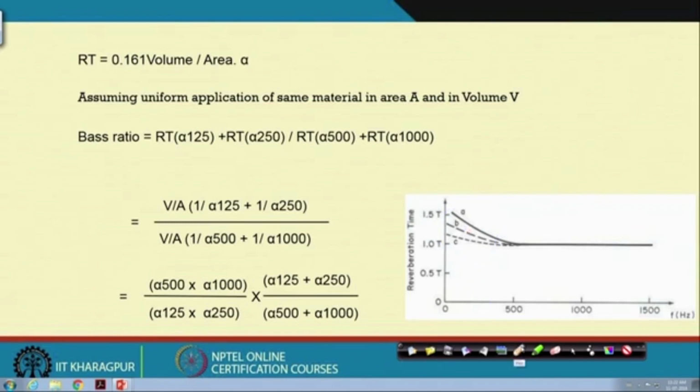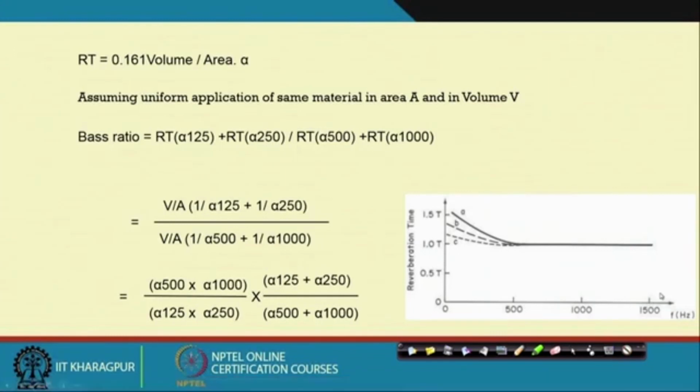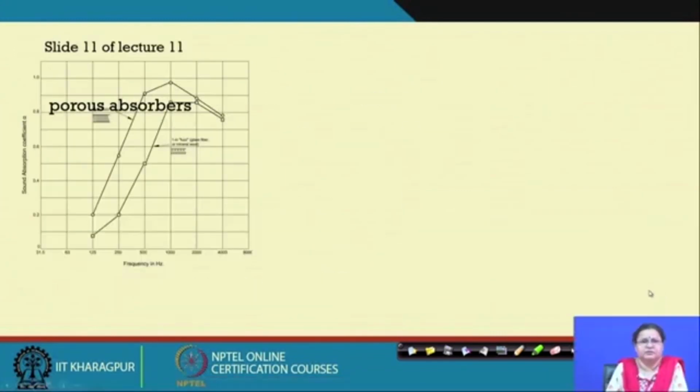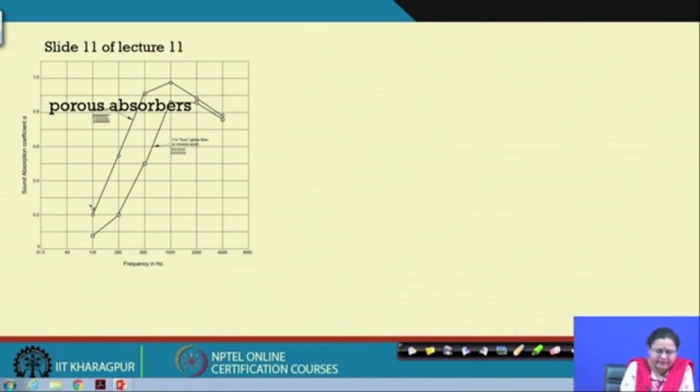So, let us try to see what was happening in this particular porous absorber, which has been taken from slide 11 of lecture 11. Here if you see, the alpha value corresponding to 125 hertz is 0.2.